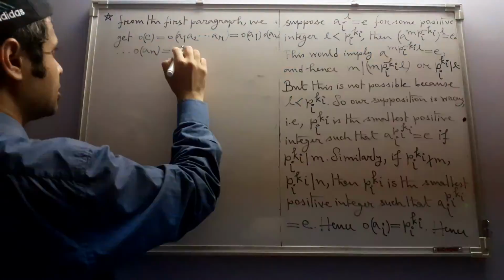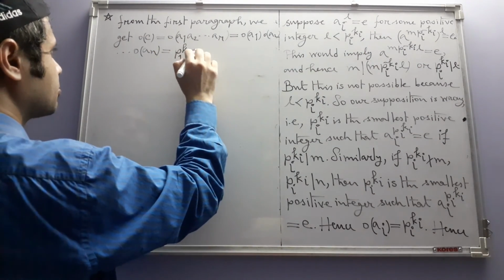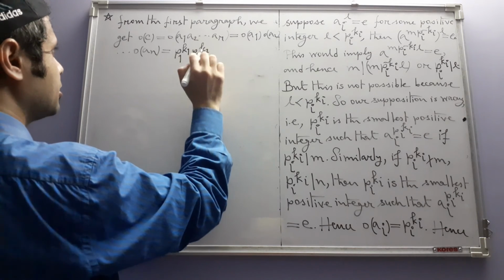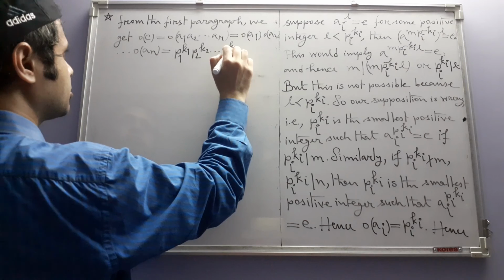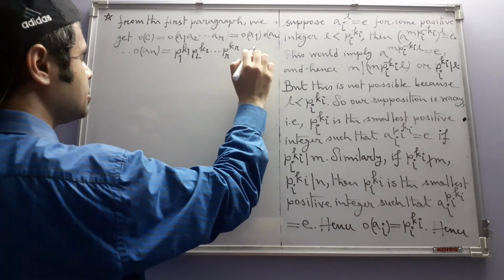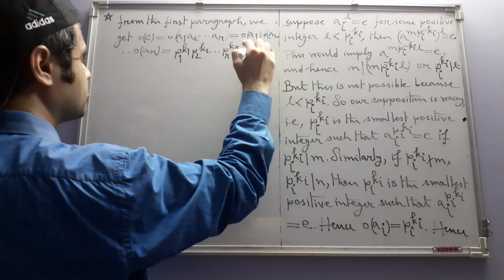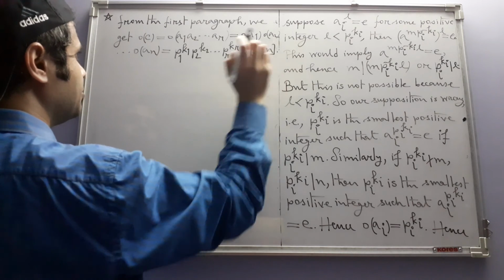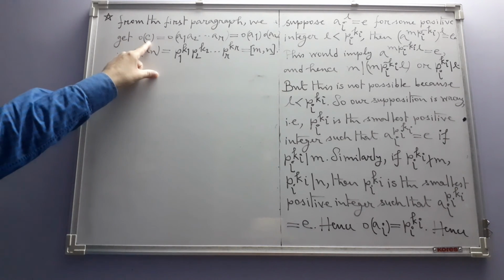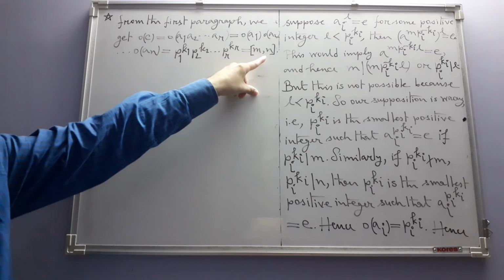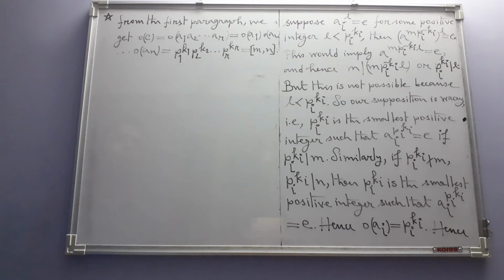So this is p1 to the power k1, p2 to the power k2, up to p_r to the power k_r, and this is nothing but the LCM of m and n. So c is an element in the group whose order is the LCM of m and n.